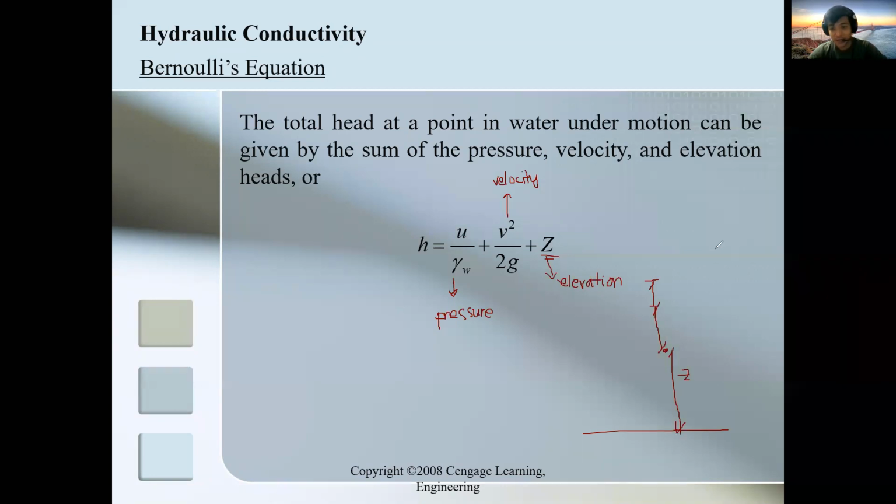Now, again, I'm not really an expert on this topic because it's more thoroughly discussed in fluid mechanics. So we only need to understand the basic stuff in this equation. Okay?